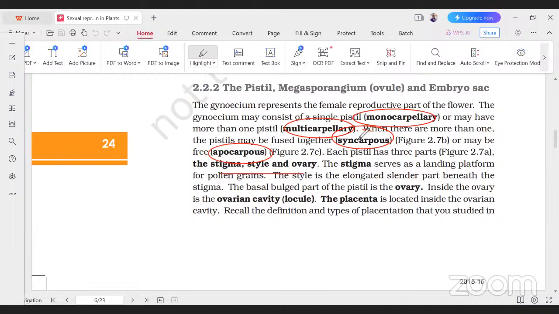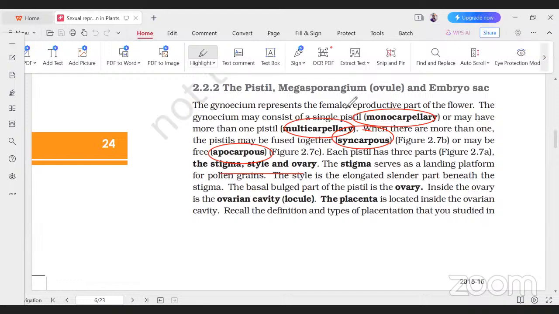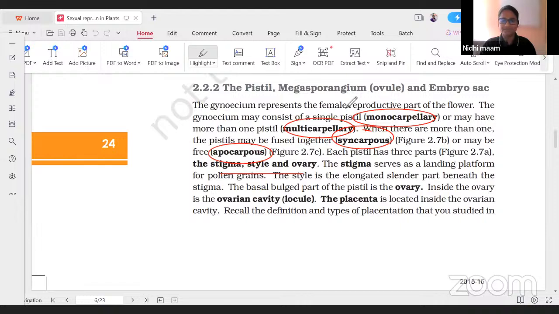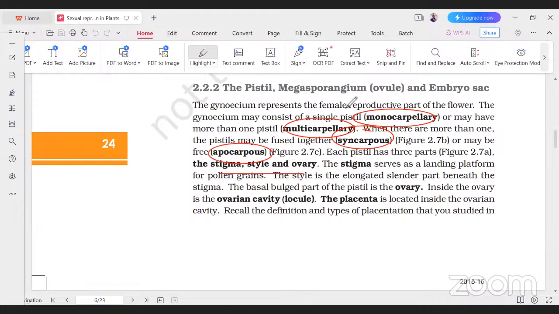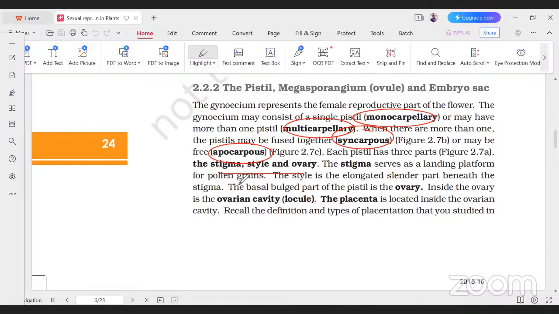The stigma serves as a landing platform for pollen grains. The style is the elongated cylindrical part beneath the stigma. The basal bulged part of the pistil is the ovary.